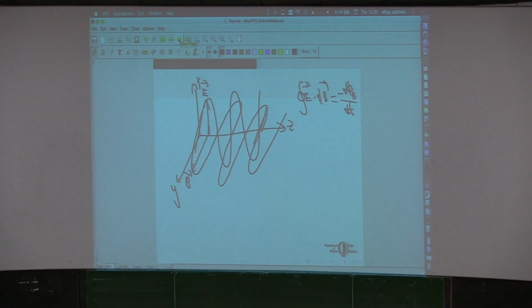Now, let's imagine, let me draw a simpler picture over here. This is my x, this is my y, this is my z. I will draw my loop on this picture. Now, the magnetic field is on the y-axis.